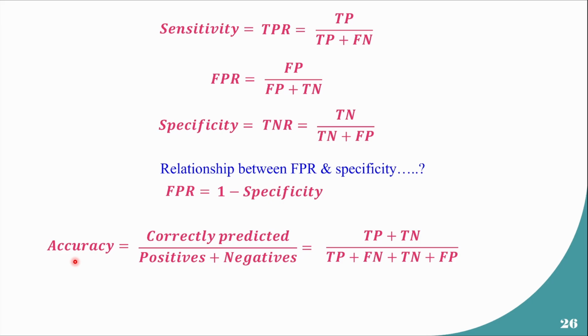Accuracy can also be used to assess a model, but a lot of times people prefer the ROC curve, the receiver operator characteristics, basically the curve between your sensitivity and the false positive rate.